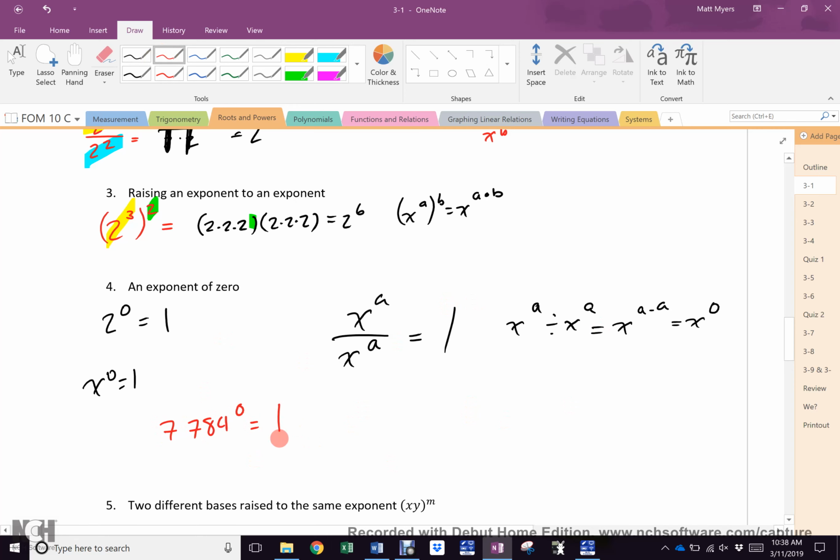What is 20 million to the 0? 1. Good. Okay. What is negative 7,784 to the 0? What is it, Tushar? It's negative 1. Why? Because it starts negative and that negative isn't part of the base. So what is this?